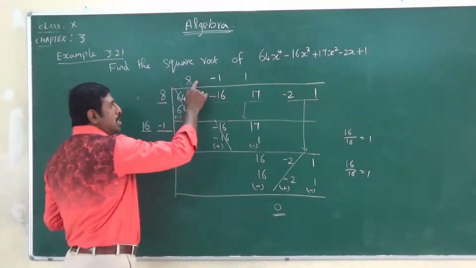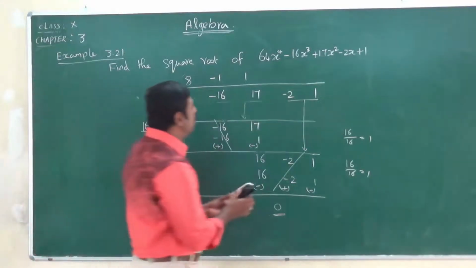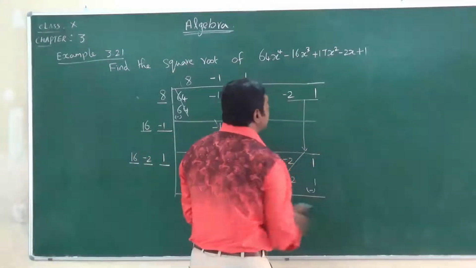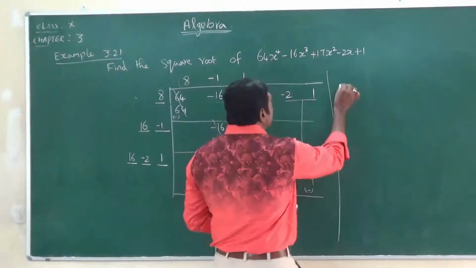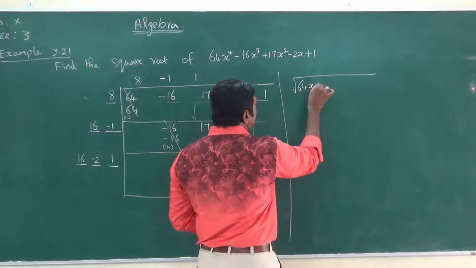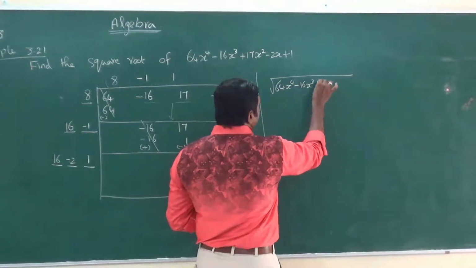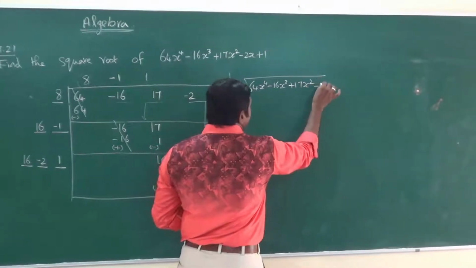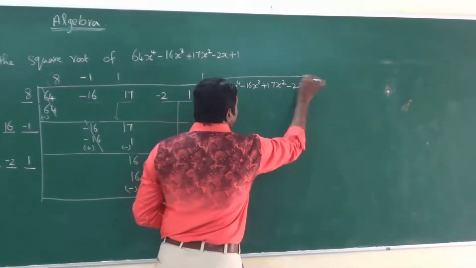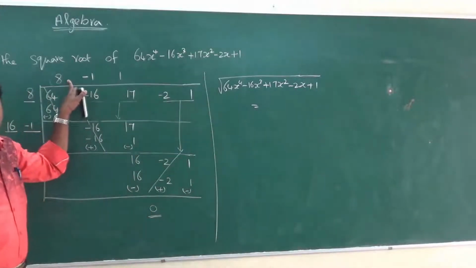So the quotient is the square root of that expression, as it is a perfect square. So this value can be written like this. The given term, root of 64x power 4 minus 16x cube plus 17x square minus 2x plus 1, is equal to the terms we have here.